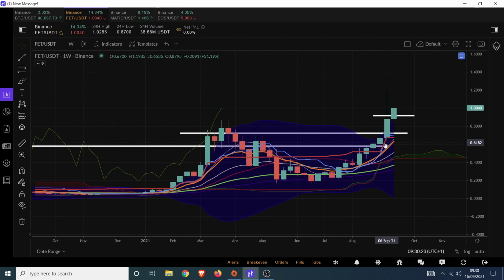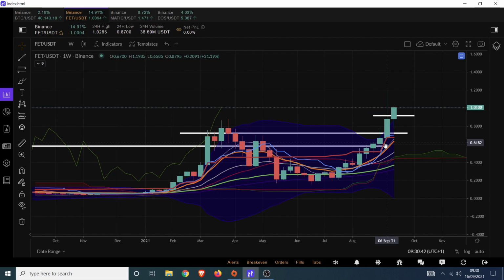One of the reasons the chart has been so good to us is because it's given us very organic signals, and so we have to respect the fact that the chart is telling us that it wants to go up, and not tweets and all that kind of nonsense that can come along with other projects and other tokens.